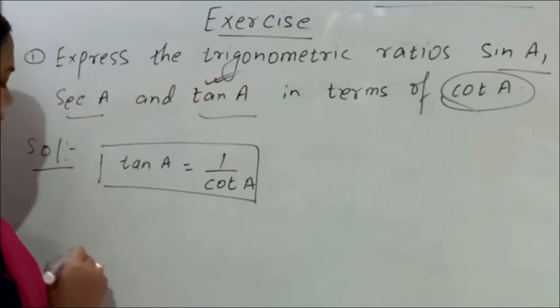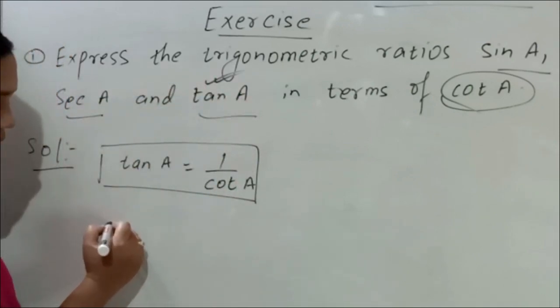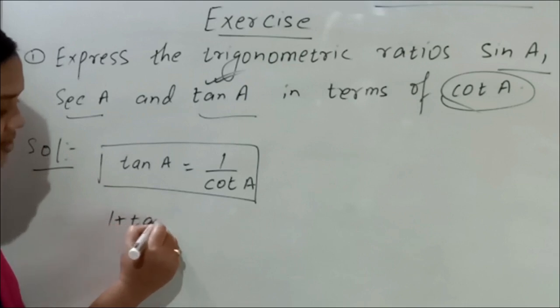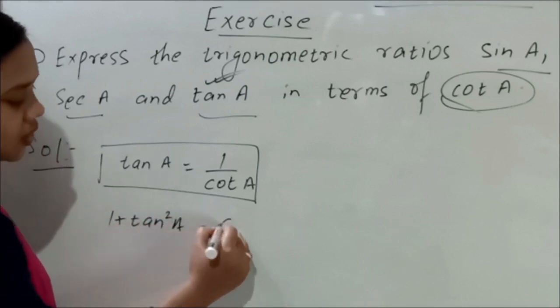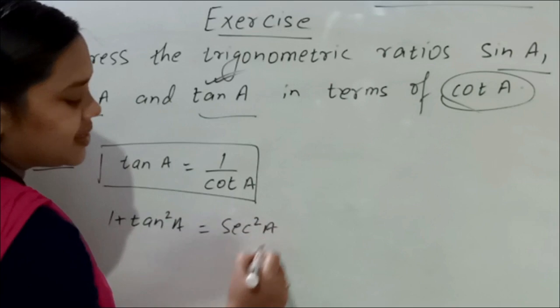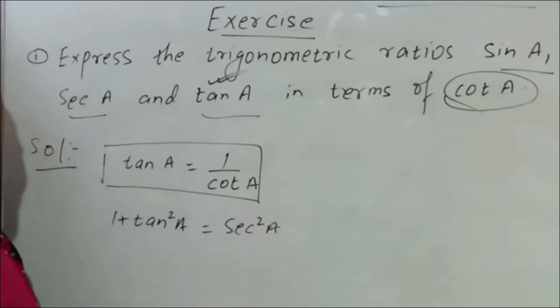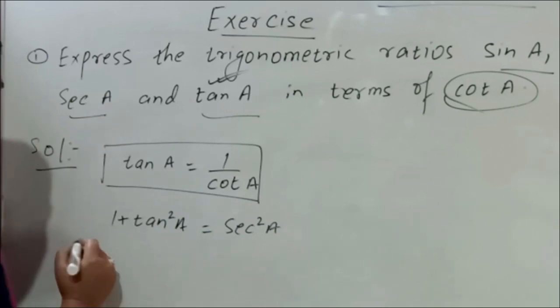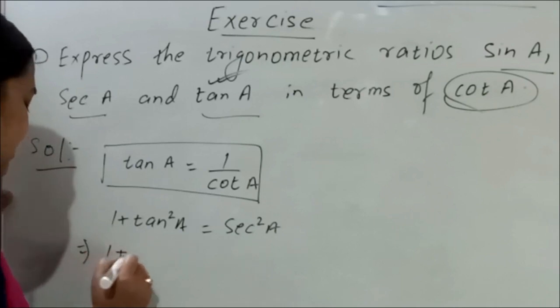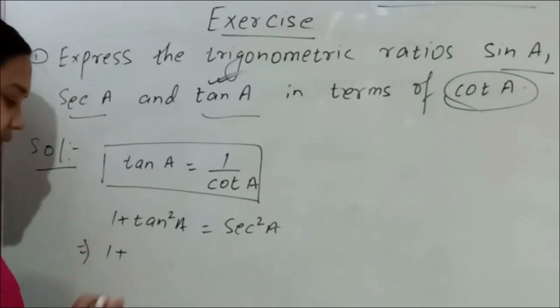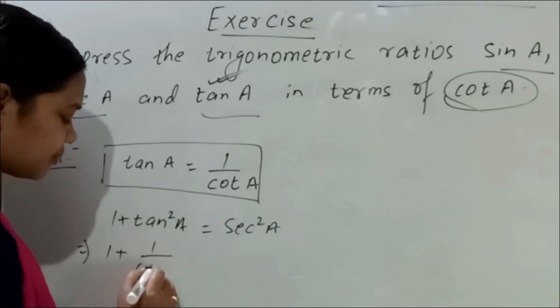Next, we know that 1 plus tan square A is equal to sec square A. We already studied in the last class this identity. In 1 plus tan square A, can I write 1 by cot square A?